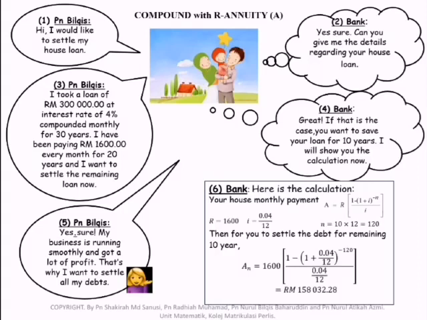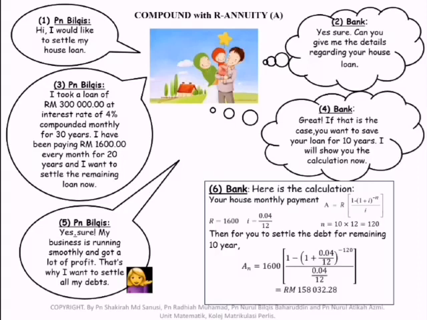And next is our N. For the remaining 10 years, for you to settle the debt, N will be T times M, which is 10 years times 12 equal to 120. Okay, so we put everything inside the formula A, put all the numbers here and A N equal to 158,032 ringgit and 28 cents.